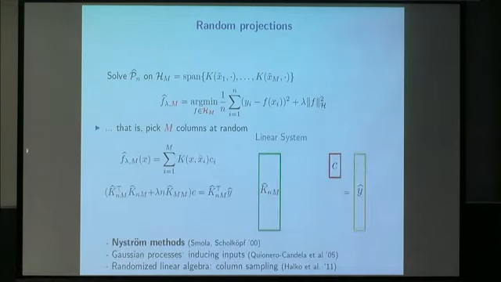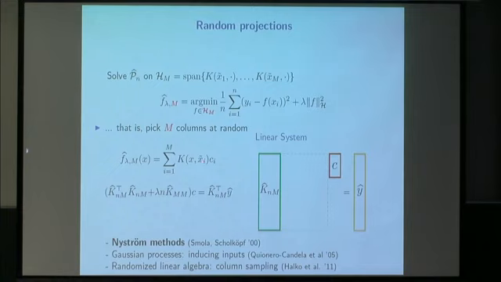In practice, it boils down to sampling some columns from the kernel matrix and solving this smaller problem. So here the estimator, since Hm is defined in this way, is the linear combination of kernel functions evaluated on the Nystrom points.